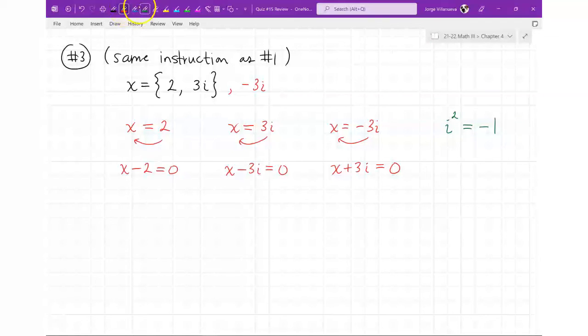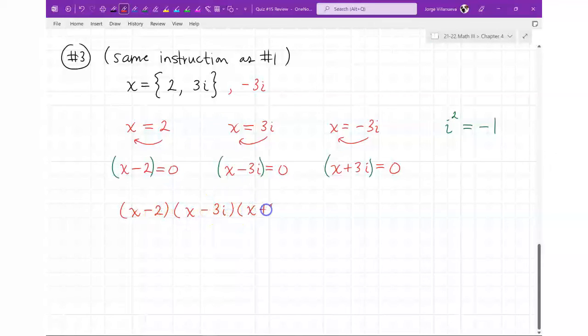So let's go ahead and make these into parentheses so we can multiply. And my biggest hint for you guys when you do this, multiply out the imaginary stuff first. Trust me, don't do the other ones or else it's going to be a huge mess. I want you to multiply these out first.